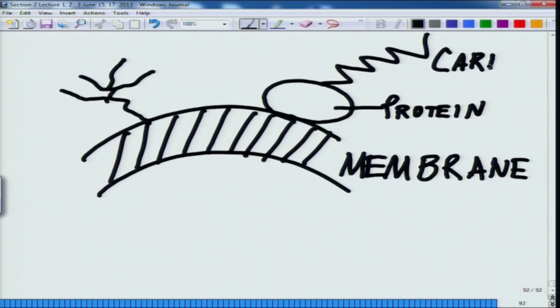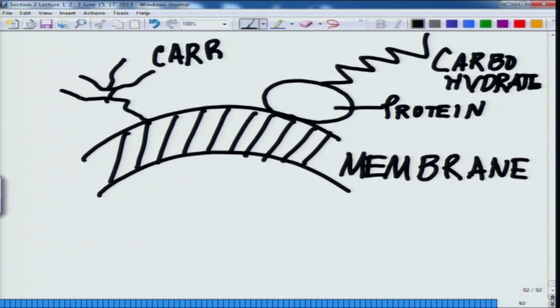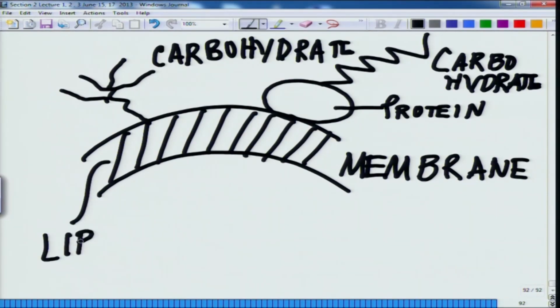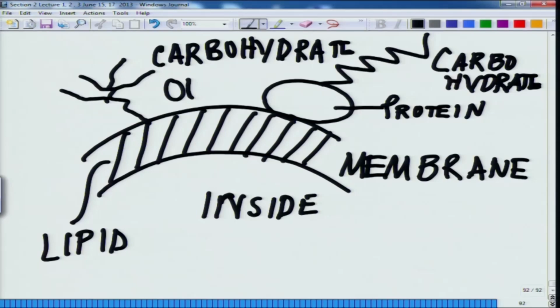So, there are 2 motifs by which a carbohydrate can attach on top of a membrane. Here is the carbohydrate, and here is the lipid, and this is inside the cell, and this one is outside the cell.